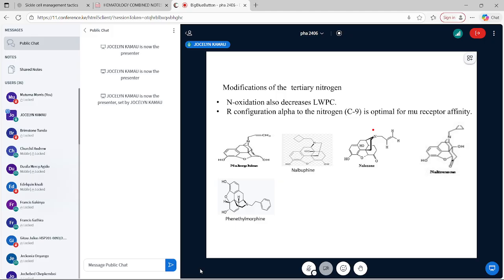So if you have an antagonist and it has those groups in position number 6, in position number 14, it will bind the receptor very strongly. It will bind the receptor strongly, but because of steric hindrance, it is binding there strongly in the surrounding area.